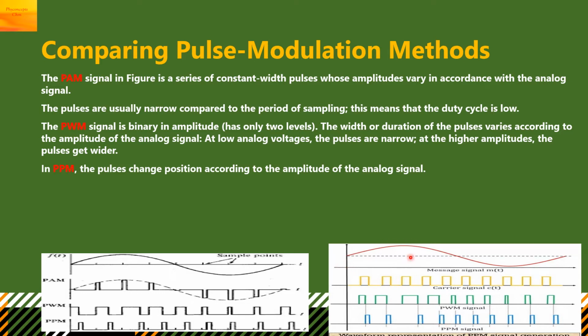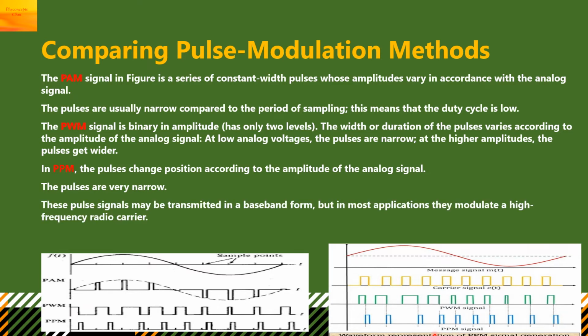As the amplitude is increasing, the position of the pulse is changing in this manner. When it is decreasing, it is changing in this manner. So the pulses are very narrow. These pulse signals may be transmitted in a baseband form, but in most applications they modulate a high frequency radio carrier.